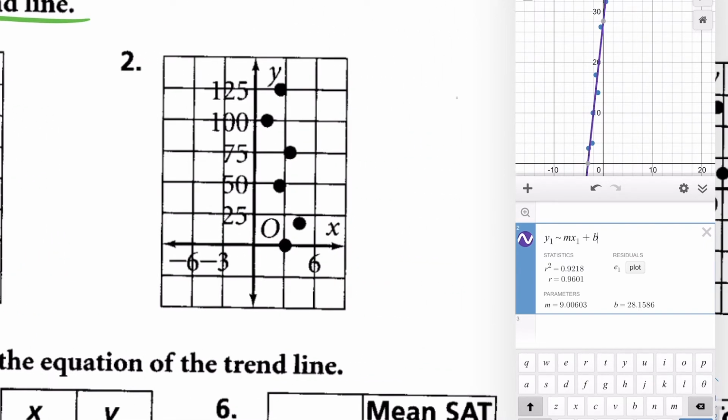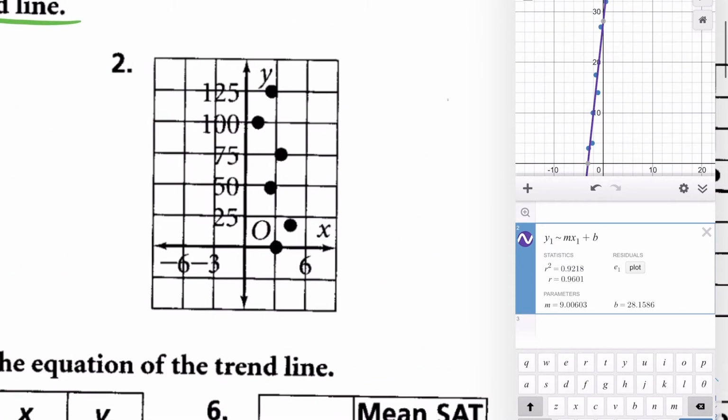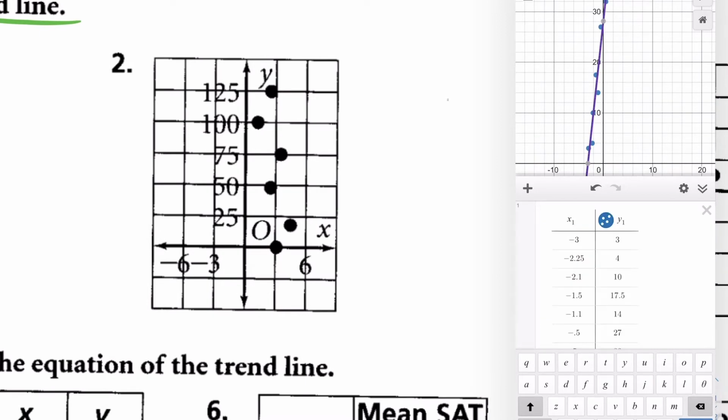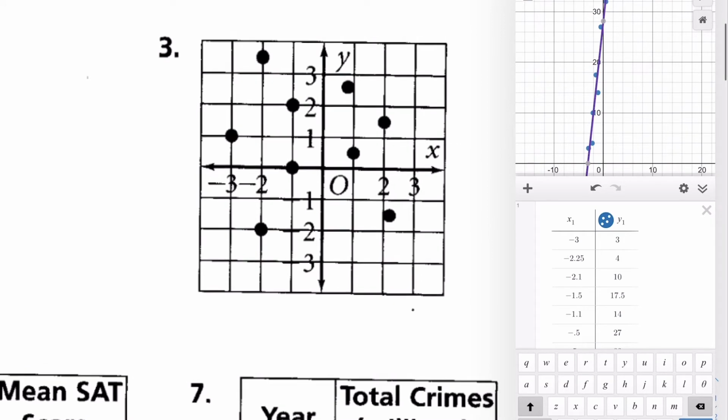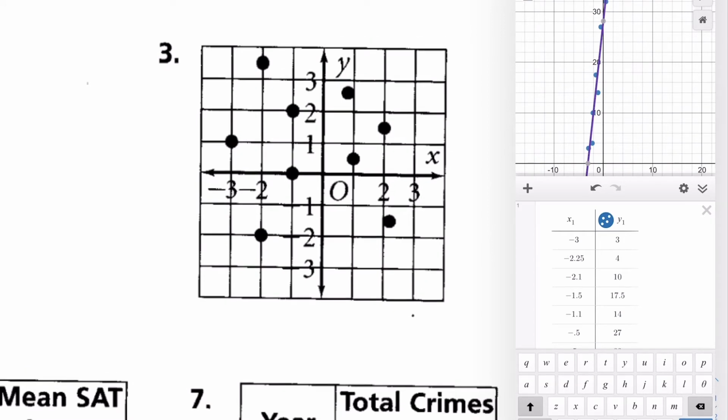Number 2 looks like it would be done very similarly. You just label the points in your table and then put them in the calculator. For number 3, we can see that these dots are all scattered everywhere, which means that there is no correlation.